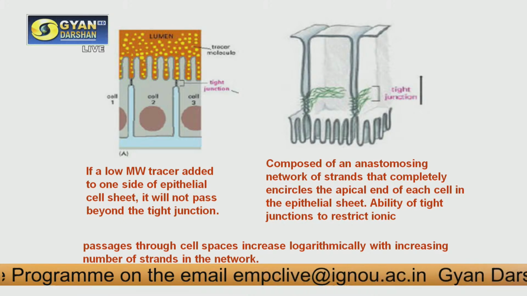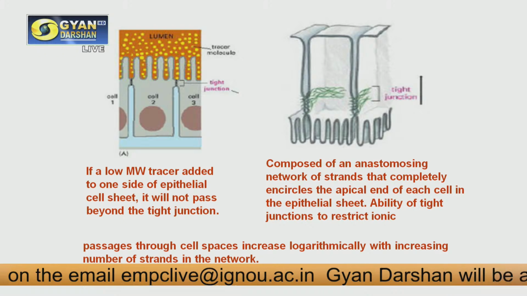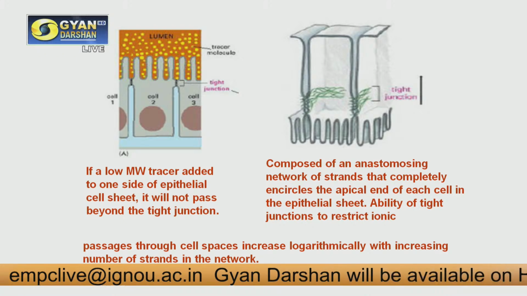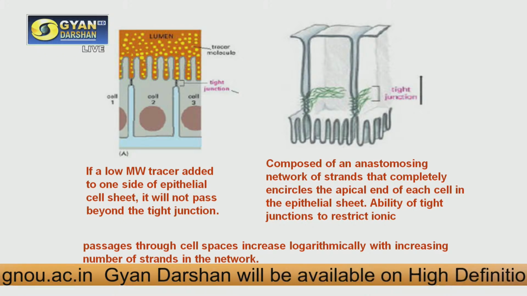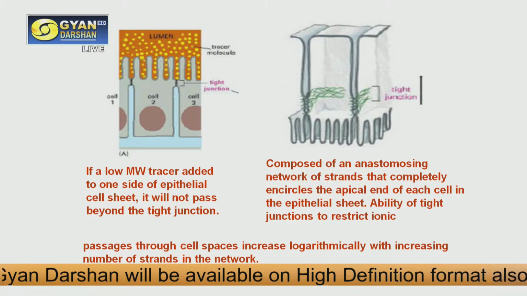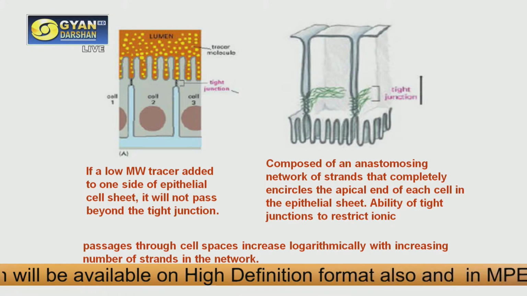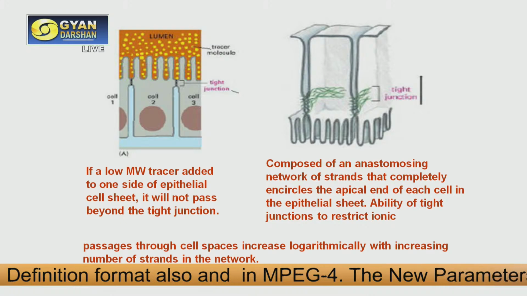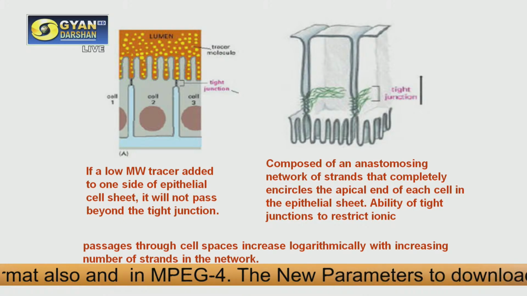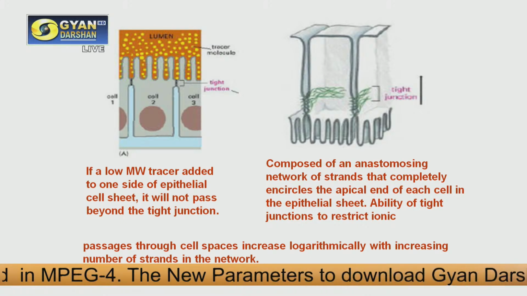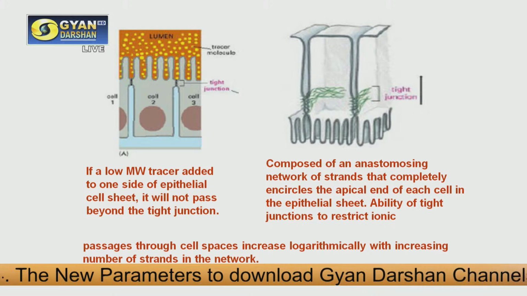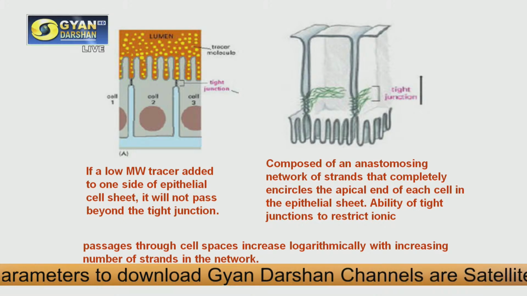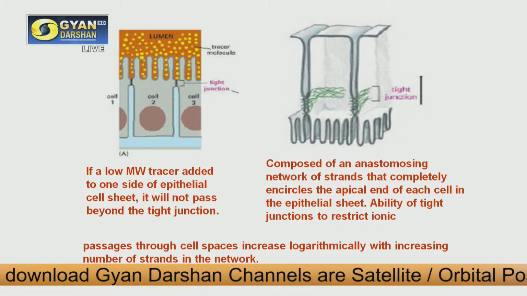You can see that in the upper part you are getting the tracer signal, but in the lower part you are not getting the signal, because in between you have the tight junction. Therefore you can experimentally show that there is no exchange across the tight junction. So this proves that the tight junctions arrest the translocation or the diffusion.